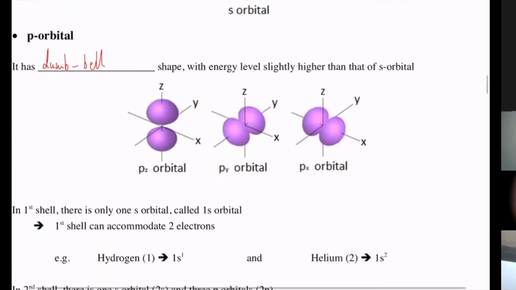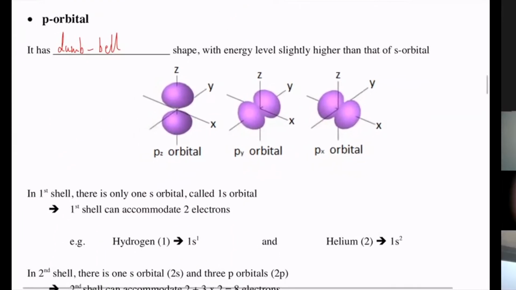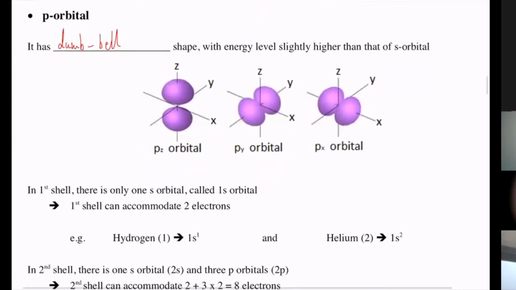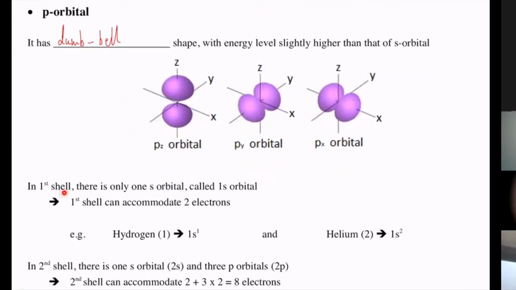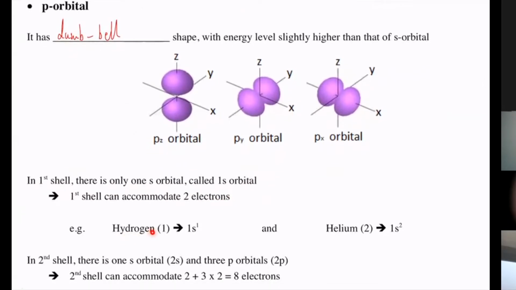Okay, so let's rethink how we put the electrons in the shell using those orbitals. In the first shell, for example hydrogen and helium, they only have an s orbital. It is called the 1s orbital, from period 1. For hydrogen, it has 1 electron, so in orbital electron configuration, it should be 1s1.